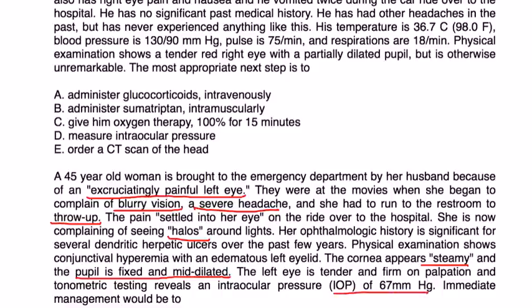Immediate management. Okay, they've given you a lot in this question. Basically, this is a case of acute glaucoma again. And this is, of course, an ocular emergency. And all the symptoms are there, the halos and the blurred vision and the headache and the dilated pupil.